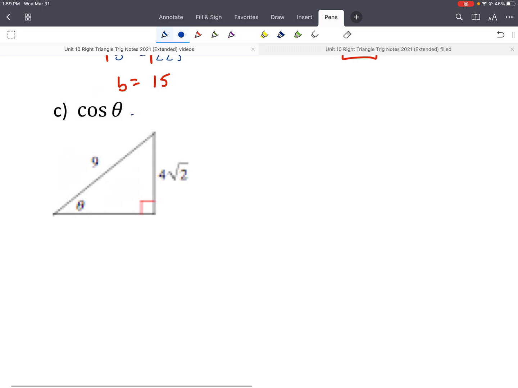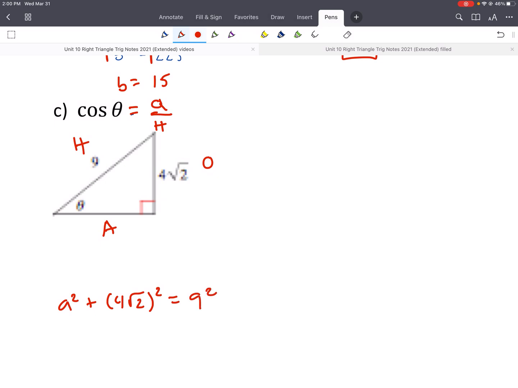My guess is we're going to need to find it by using the Pythagorean Theorem, because cosine is adjacent over hypotenuse, and we're missing the adjacent side. So let's do that then. We have a squared plus b squared equals c squared. So we could do a squared plus 4 square roots of 2 squared is equal to 9 squared.